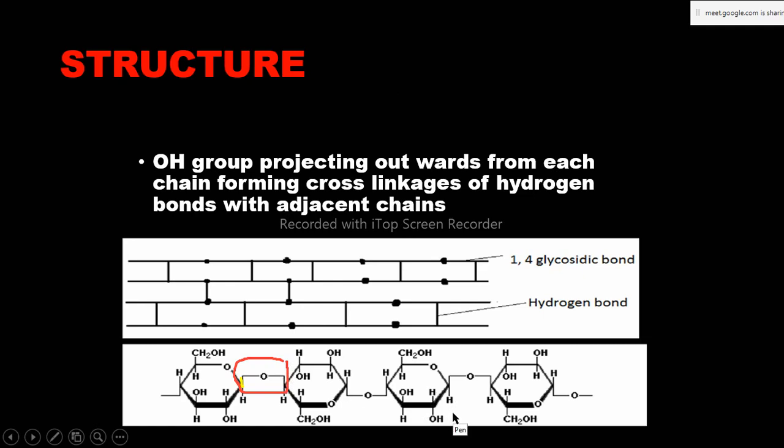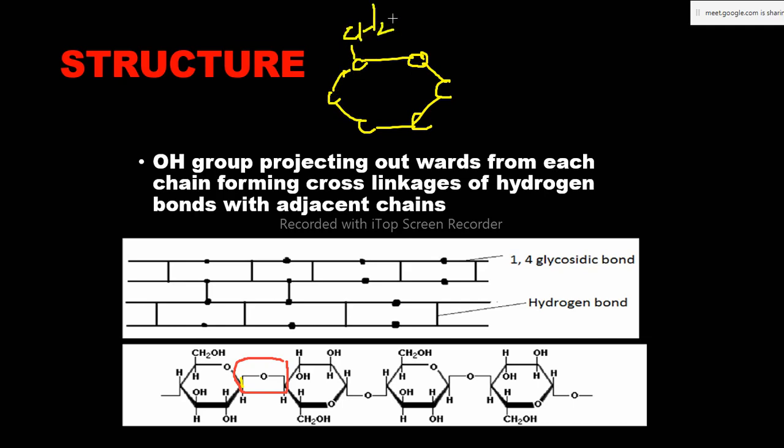You know, when you don't draw, certain things become hard when they are supposed to be easy. So this is my glucose, C, C, C, C, and then C, and then C. So this is CH2OH.